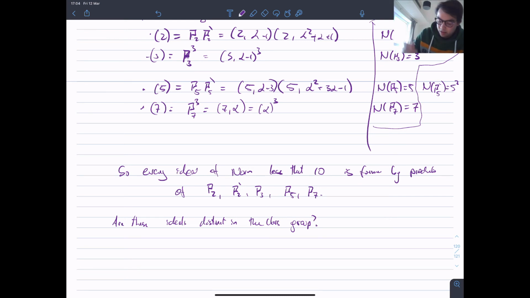So there's some that we can do easily. I've just seen, for example, that P7 cubed is... so P7 is just the ideal generated by alpha, so this already is trivial. So clearly the class of P7 is the trivial one, as P7 is just the ideal generated by alpha, which is principal.